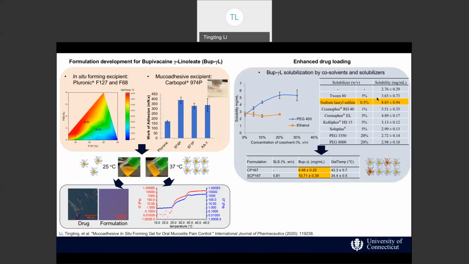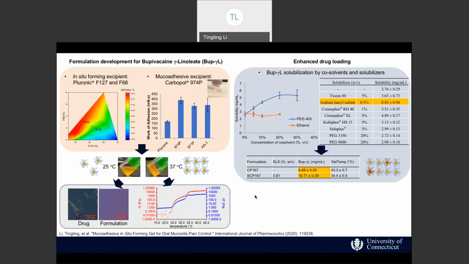So in the bottom table, where I shortened sodium lauryl sulfate to SLS, the results show the drug loading before and after drug loading enhancement. Our primary formulation was CP167, and it had a drug loading of about 6.5 mg per ml.